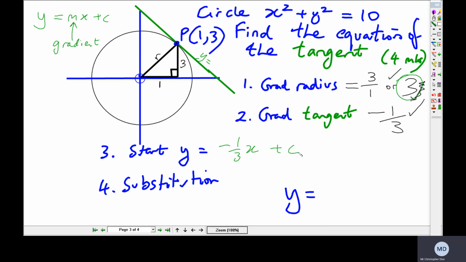Oh, no, I'm going to make it harder. I'm going to do 2,3. And that's going to be 13. Tangent goes through P.